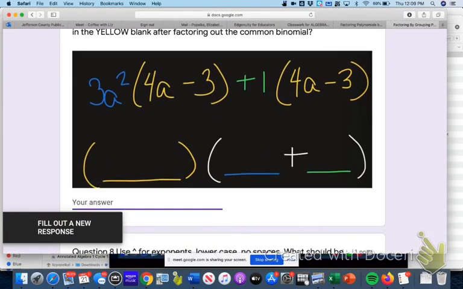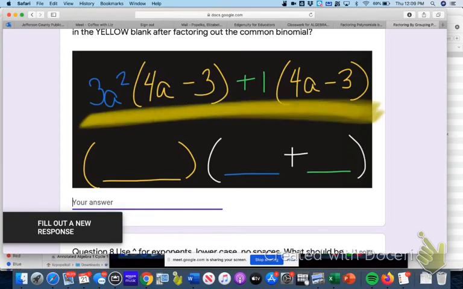So if you were doing this on paper right now, let's say you found your greatest common factor and you ended up with this, what you got right here, right? How do you know that you're probably doing it right so far? Because they're matching the common binomials. Yes, because you have a common binomial, exactly. So you're probably doing it correctly.